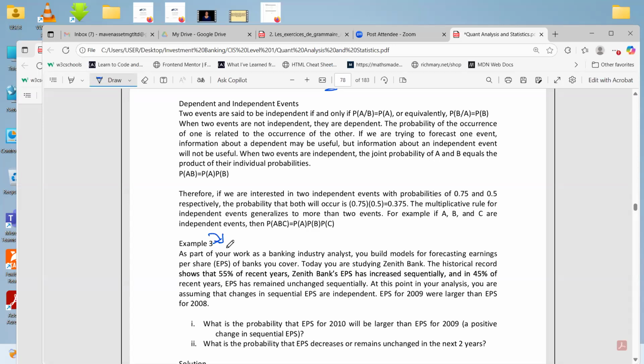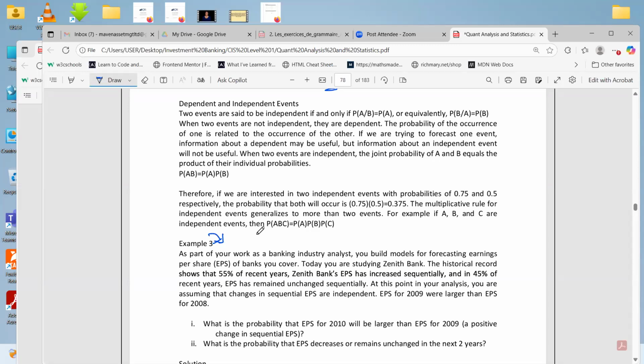At this point in your analysis, you are assuming that changes in sequential earnings per share are independent. Earnings per share for 2009 were larger than earnings per share for 2008. What is the probability that earnings per share for 2010 will be larger than that of 2009, a positive change in sequential earnings per share? What is the probability that earnings per share decreases or remains unchanged the next 2 years?